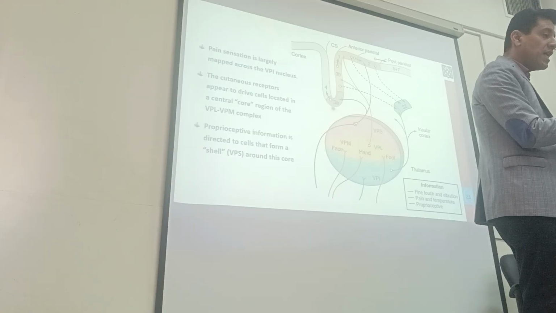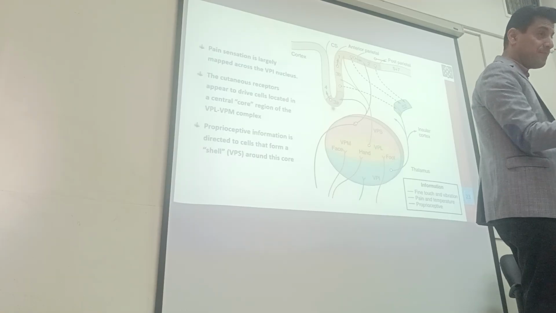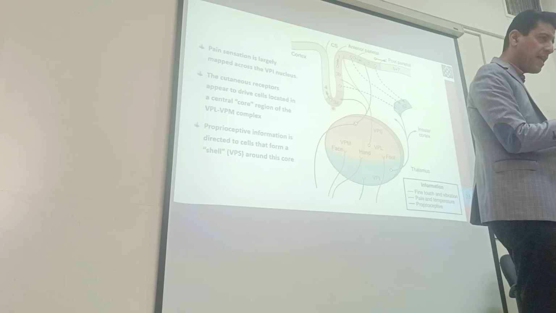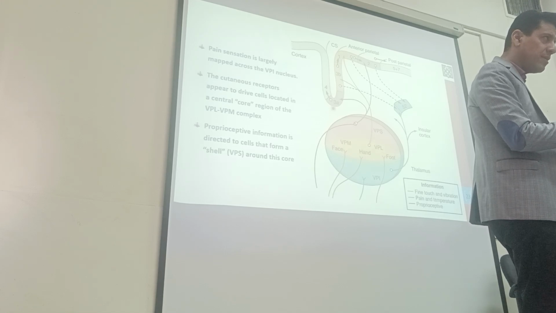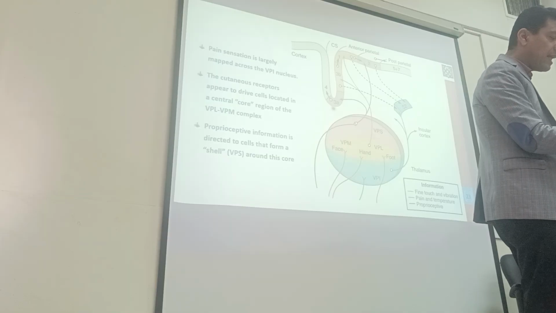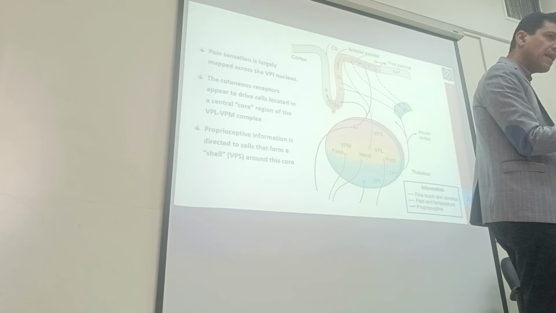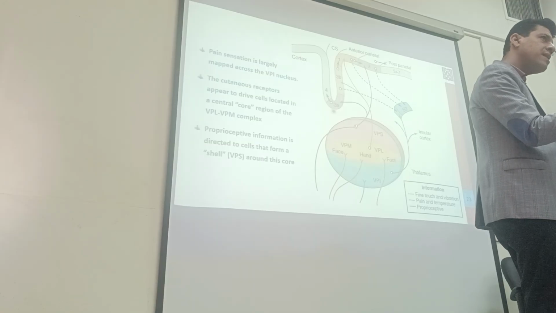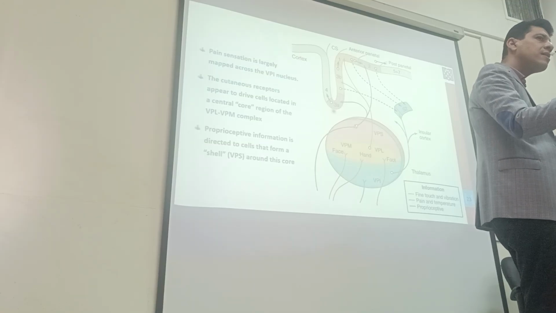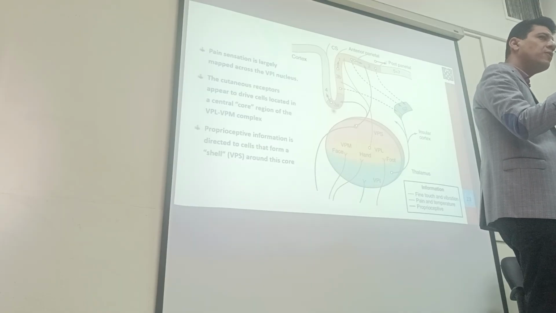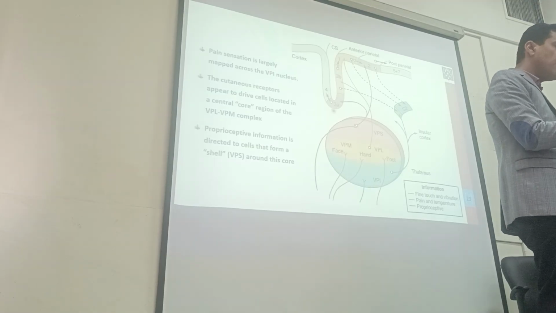Maybe shape is something different. Okay, so basic elements are these: borders and edges, pattern, and maybe it has a vibration. So this is also a basic element. So these are basic elements and they are analyzed in somatosensory area 1, Brodmann area 1, 2, and 3.